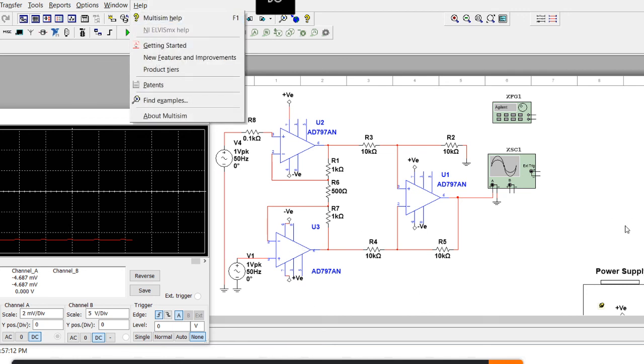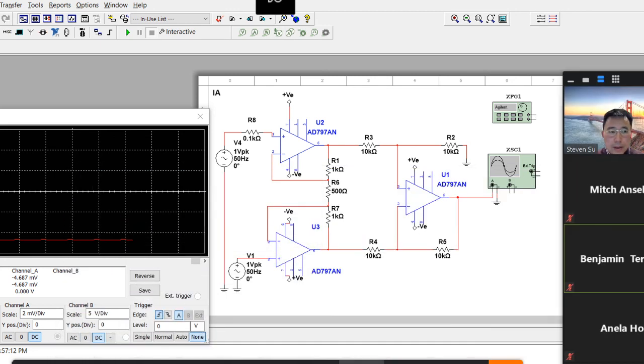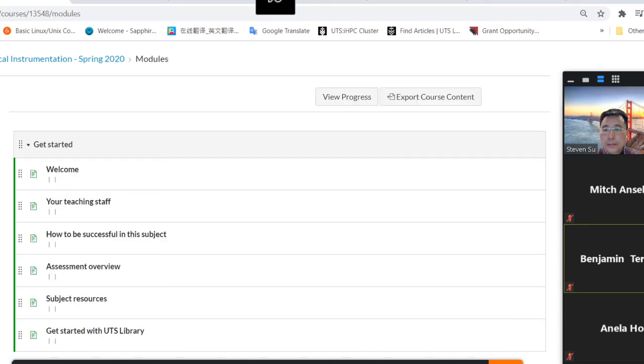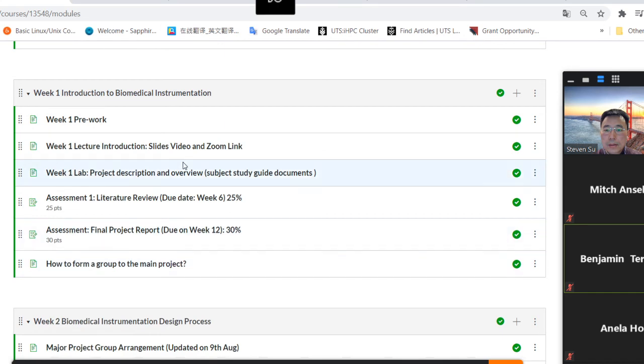So today maybe we don't have time to finish the filter design, but I will discuss it with you next week, because next week you need to submit assignment 1. I think it's the 31st. Let me show you where.